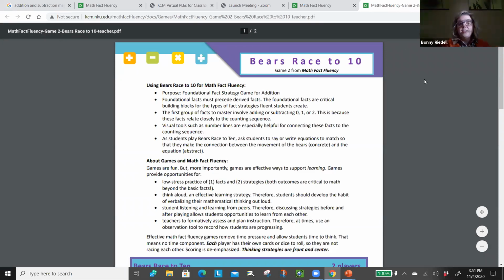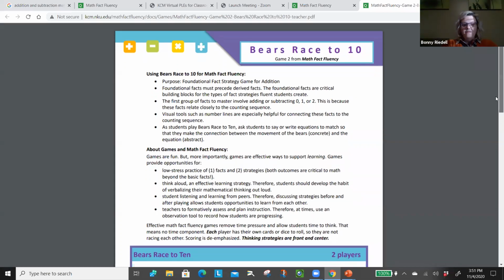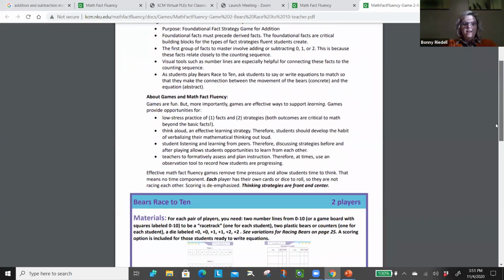The very first page gives you the background knowledge of using Bears Race to 10 for math fact fluency, the purpose of the game, the facts that it targets, then about the games of math fact fluency, and this is from Dr. Williams, and what she deems important when you are playing math fact fluency games.